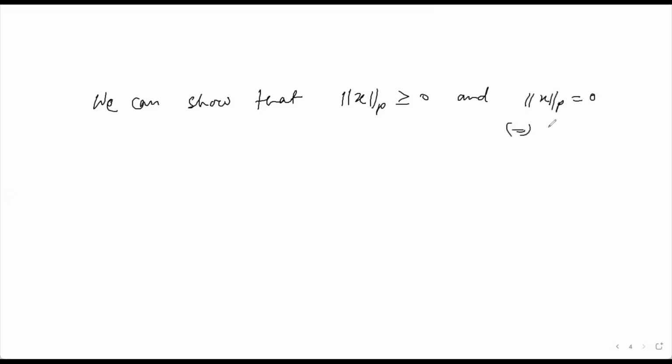The rest of the things are very easy. We can show that the p norm of x is greater than or equal to 0, and equality holds, that is, the norm is equal to 0, if and only if x equals 0, and also the norm of alpha x is equal to the absolute value of alpha times the p norm of x.